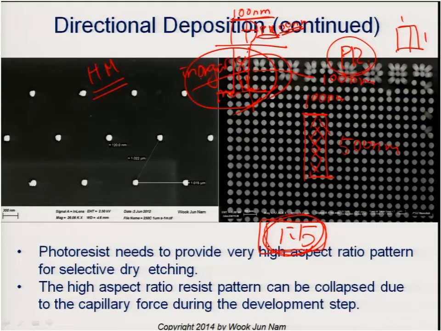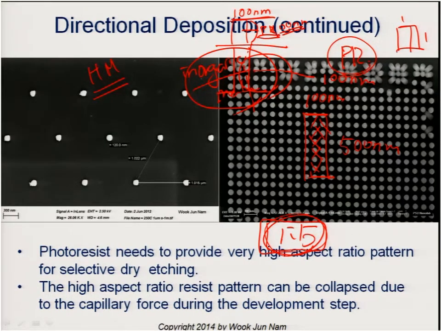So as you develop, then rinse, and then do the final dry, what happens is as those solutions are drying up, the capillary force just pulls those tall photoresist patterns together as they dry.